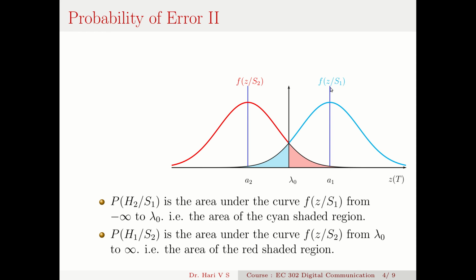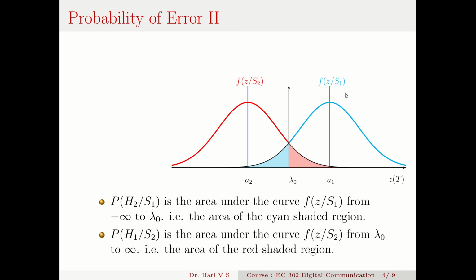There is another case when I transmit S1(t) with a mean say A1, and some noise is added to this. It gets subtracted here, and my receiver sees my Z value, that is the sampled value at my receiver, say somewhere here. And this region is below lambda 0. Now it makes a decision H2, that S2 is transmitted, but originally S1 was transmitted.